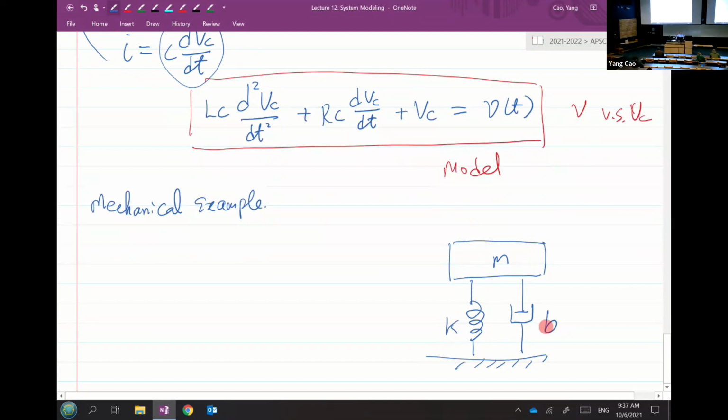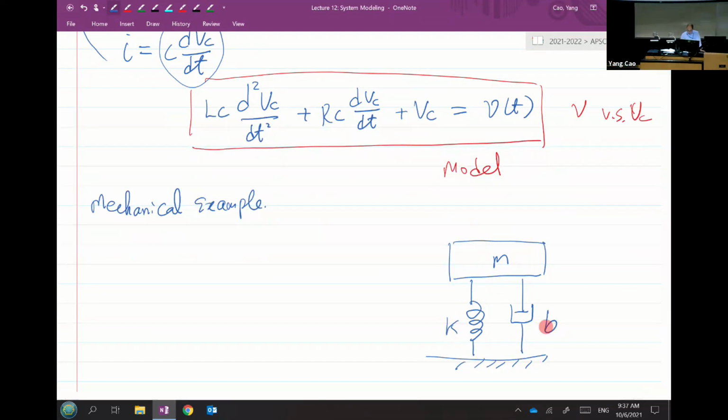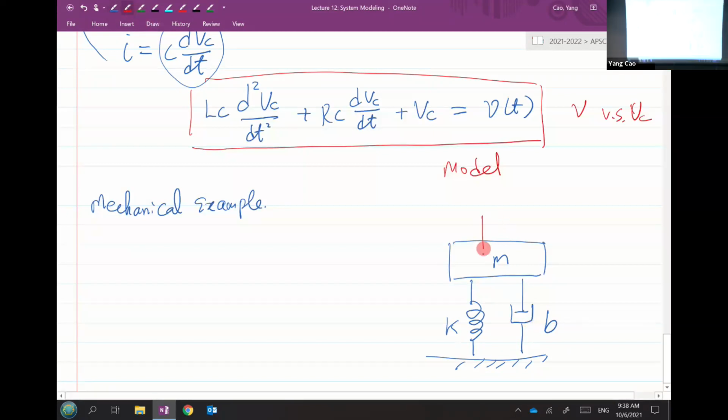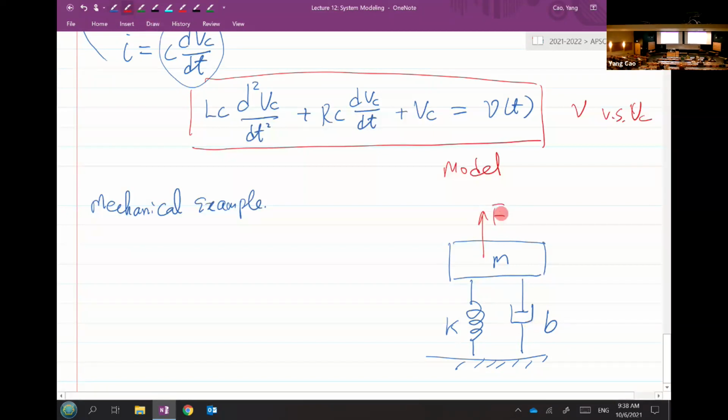This system is drawn with a mass attached to a spring K and a damper B. At the same time, I have an external force applied to this mass M here. And we indicate the reference displacement for this mass as X, indicating the top position.